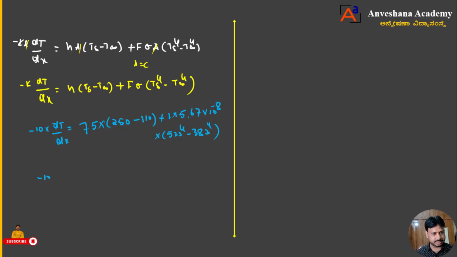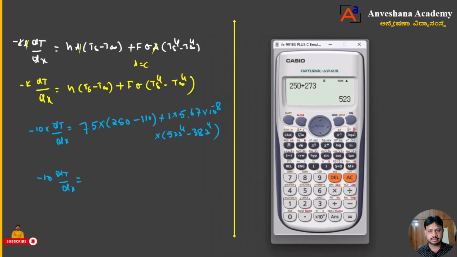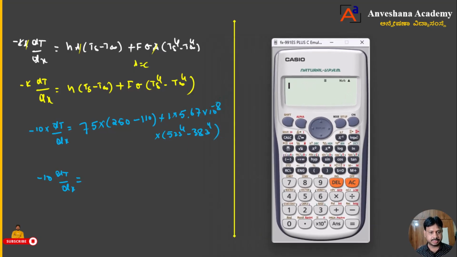Minus 10, I will keep it as it is. Then dT by dx on the left-hand side I will keep as it is. Then I will do the simplification. So 75 into (250 minus 110), plus 5.67 into 10 to the power of minus 8 into (523 to the power of 4 minus 383 to the power of 4).